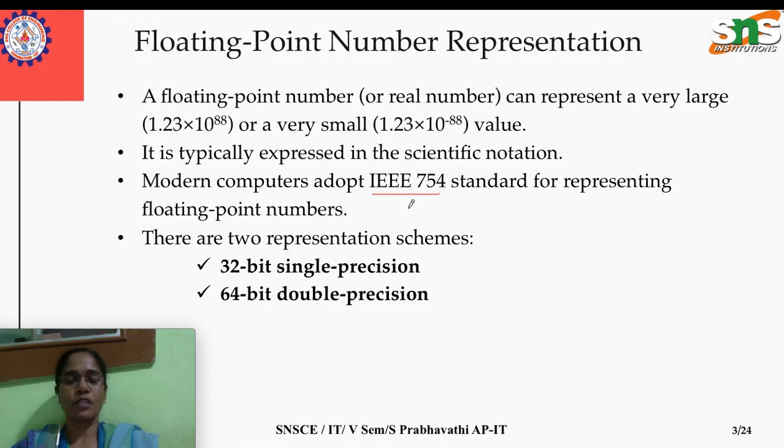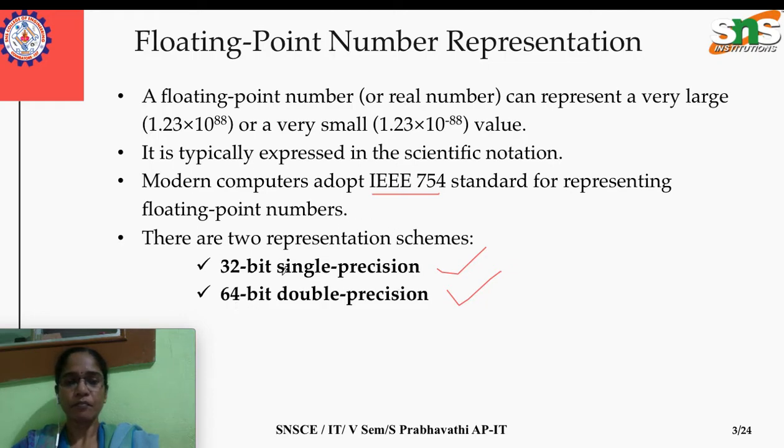It provides two ways of representing floating point, and these two are quite important. This is what we are going to see. IEEE recommends two representations of floating point. One uses a 32-bit number, called single precision, and the other is 64-bit double precision.